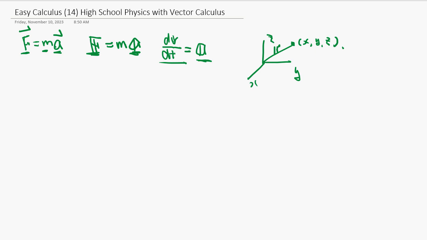You take a derivative of r, that gives you velocity, and the velocity derivative gives the acceleration vector. So the second order derivative with respect to time of the location vector gives the acceleration vector.